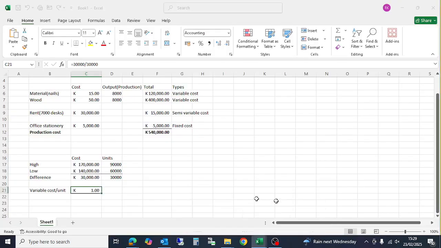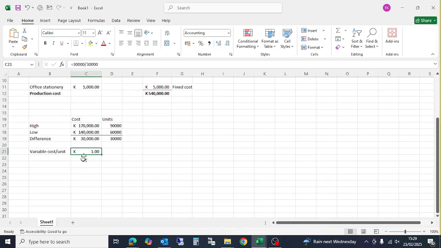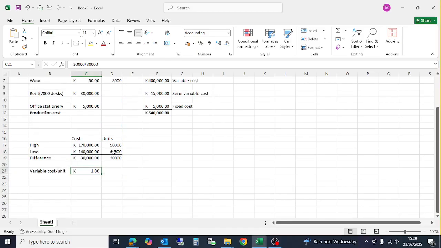So if it's like this, then our variable cost will be 1 kwacha. Okay, this is 30, all right. So meaning our total variable cost, for instance for our 170,000, was 90,000 units.